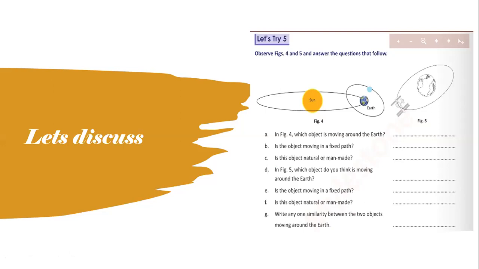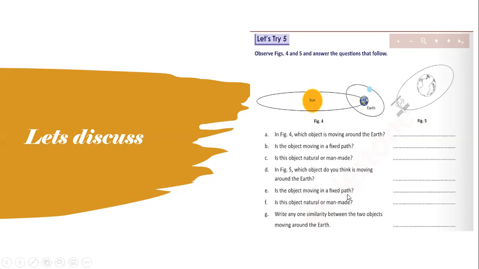So which object is moving around the earth? What is that? Guess. It's a moon. Is the moon moving in a fixed path? Yes. Is this object natural or man-made? Natural. Moon is natural. In figure 5, which object do you think is moving around the earth? Satellite.